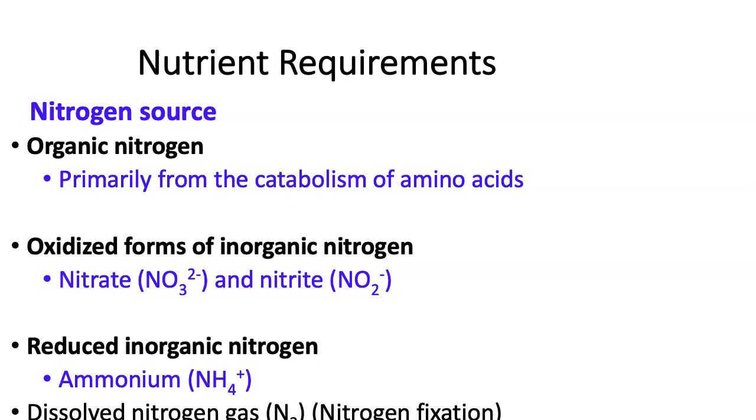There are some that require organic nitrogen primarily from catabolism of amino acids, or even oxidized forms of inorganic nitrogen, primarily in the form of nitrates and nitrites. There are some that also require nitrogen source in the form of reduced inorganic nitrogen in the form of ammonia. And there are some that also require this nitrogen source when they are dissolved, through nitrogen fixation.